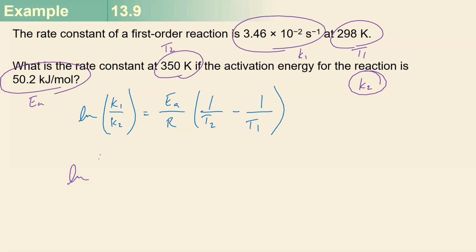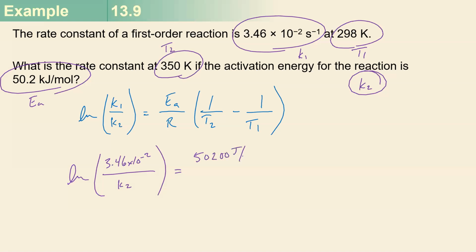So natural log of 3.46 times 10 to the negative 2 divided by k2 is equal to, I'm going to go ahead and convert this to joules rather than converting R to kilojoules.